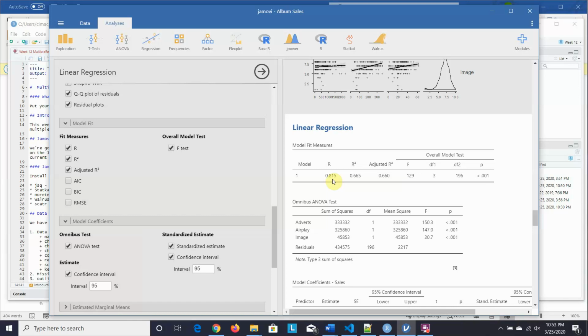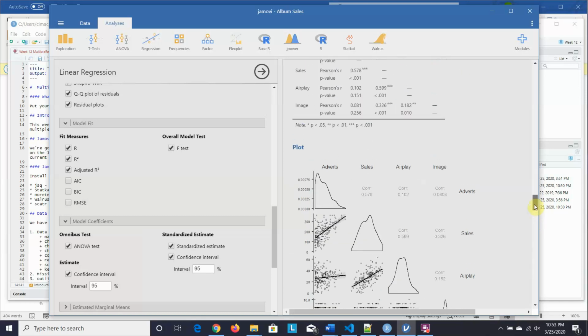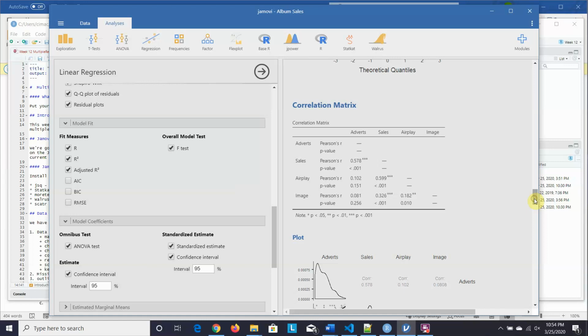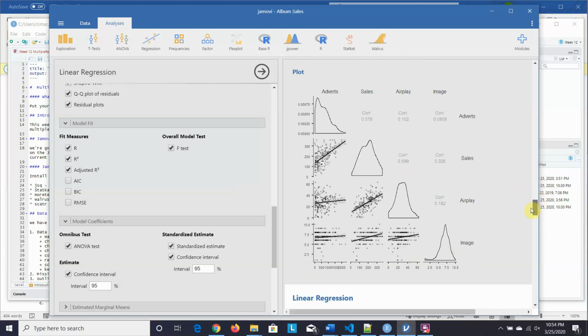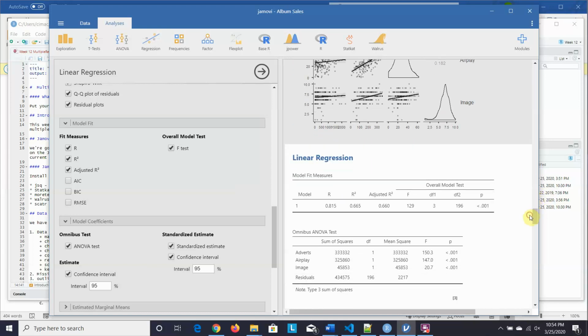So if we look at our big R, 0.815, and we went back and looked at our Pearson correlations, you'll see that our big R does not match any of our individual correlations, and that's because big R is looking at how they function as a unit.